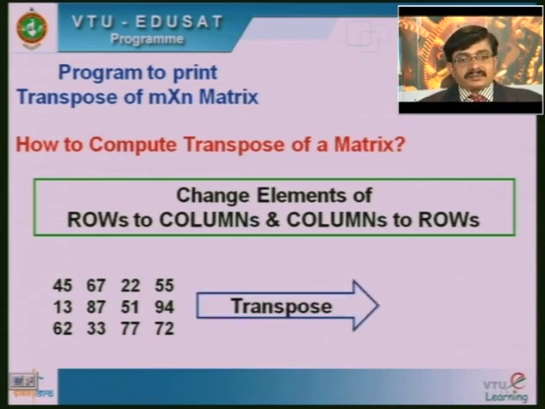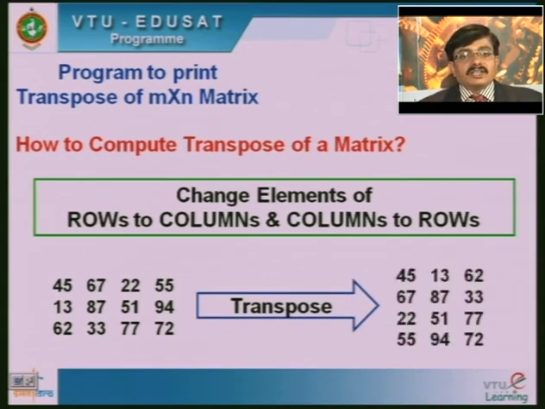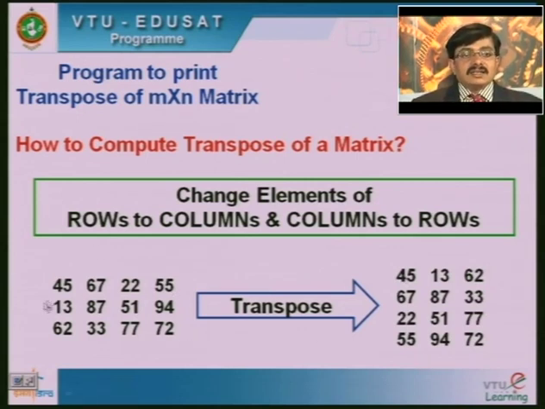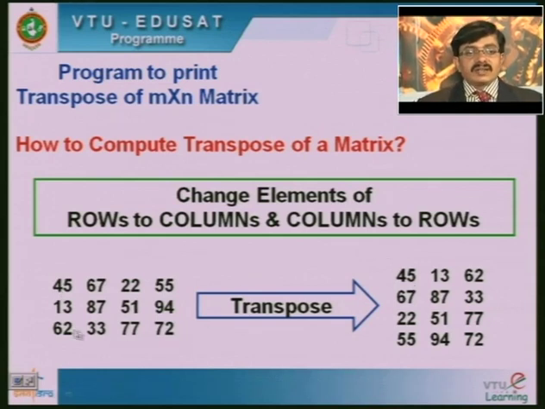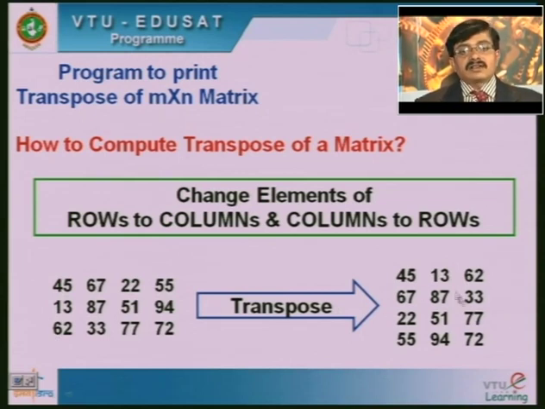So, the transpose of this matrix will have 45, 67, 22, 55, the row elements, acting as the column elements here. The 0th row becomes the 0th column, the first row becomes the first column, and the second row becomes the second column. Thus, the size order of the matrix is also reversed. Here it is 3 cross 4, now it has become 4 cross 3.